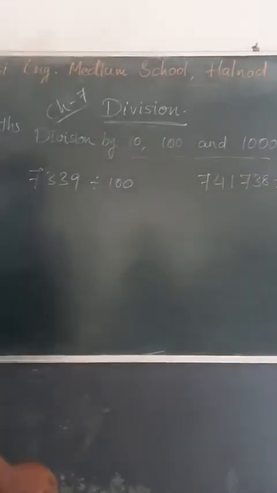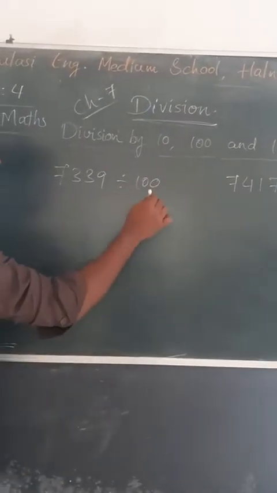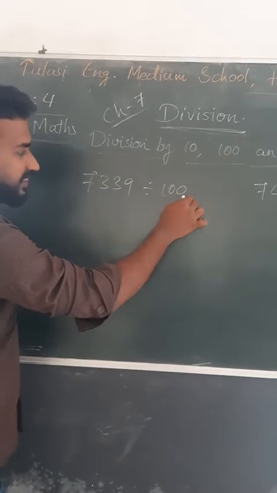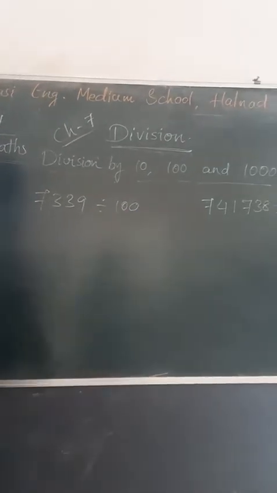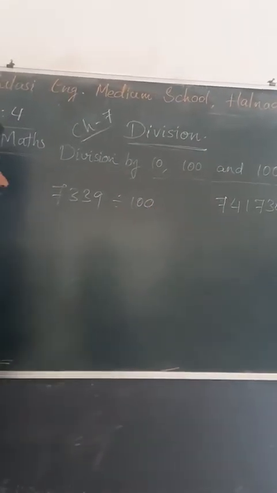See, 2 digits from the right side we have to remove, because in 100, 2 zeros are there, easily you can remember.